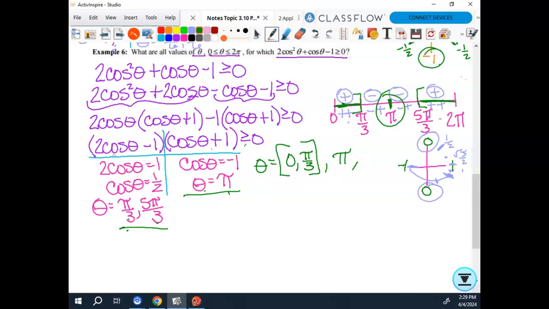And then I include this interval, 5 pi thirds to 2 pi. And brackets? Yes, brackets. Okay. What questions do you have? No questions? All right, good deal.